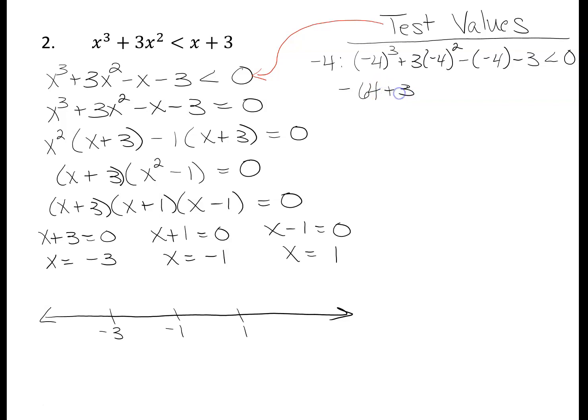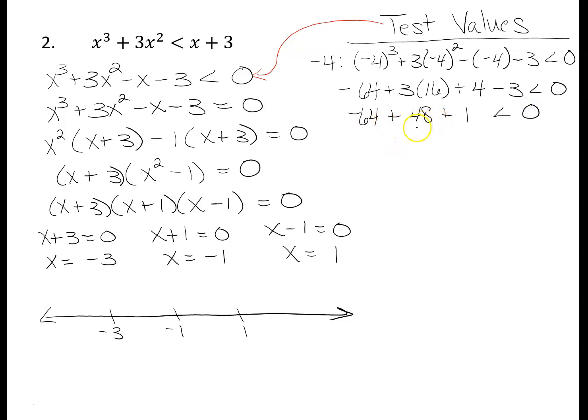Doing exponents first, -4 squared will make +16. Here we've got negative, negative. That'll become a +4. And then let's rewrite our -64, and let's go ahead and do 3 times 16. That would be 48. And then if you want, you can combine 4 minus 3 to be 1.